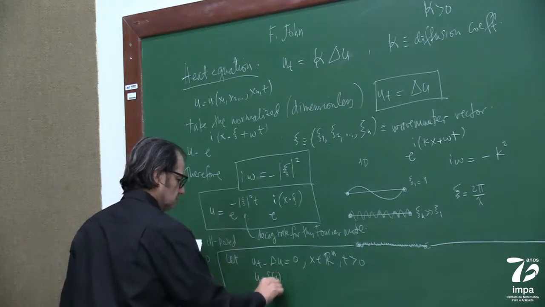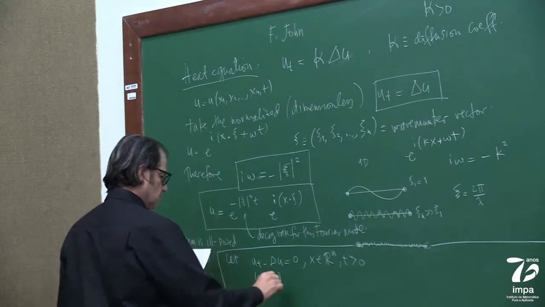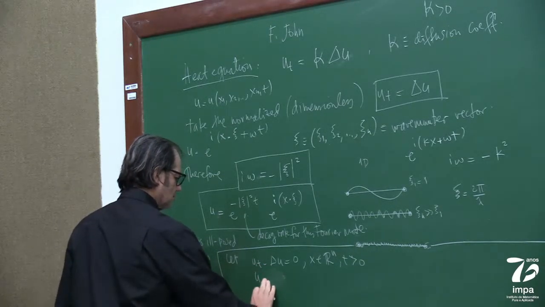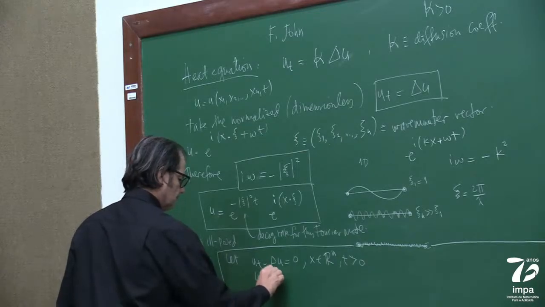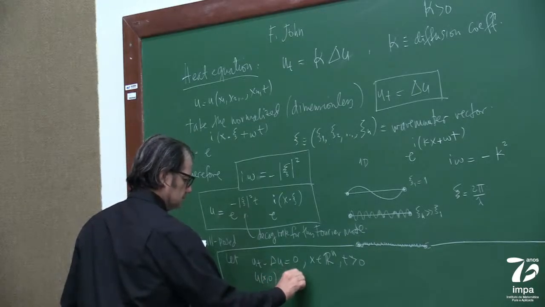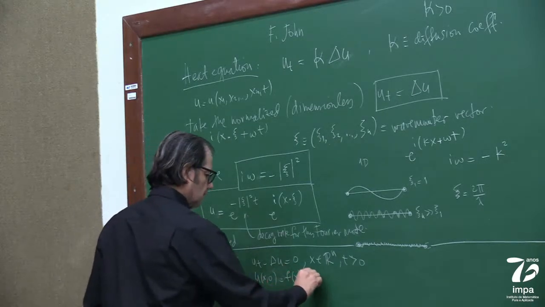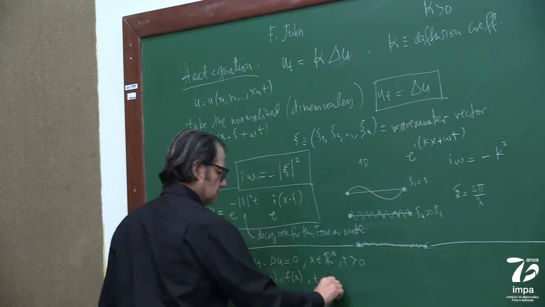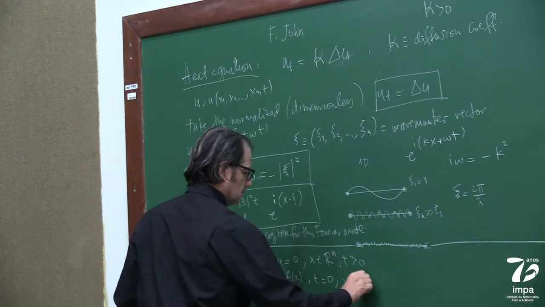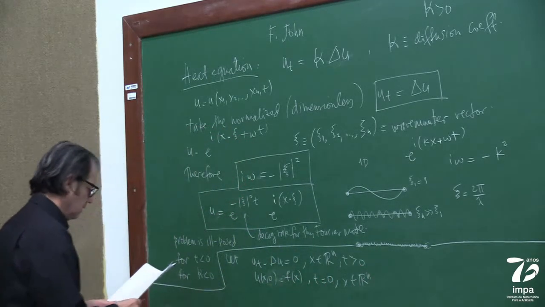Here's my initial distribution. Let me write this a little more properly like this. Right? t equal to 0, x in R^n.